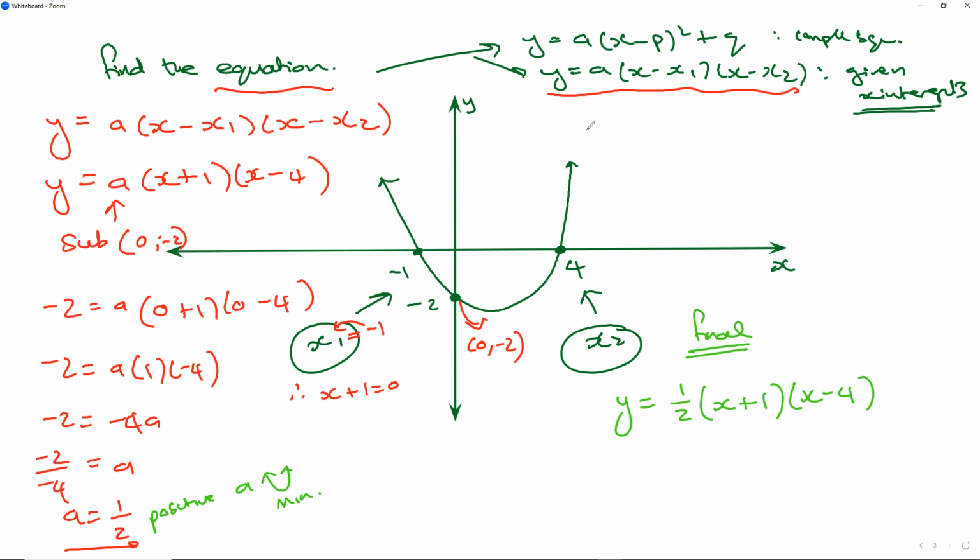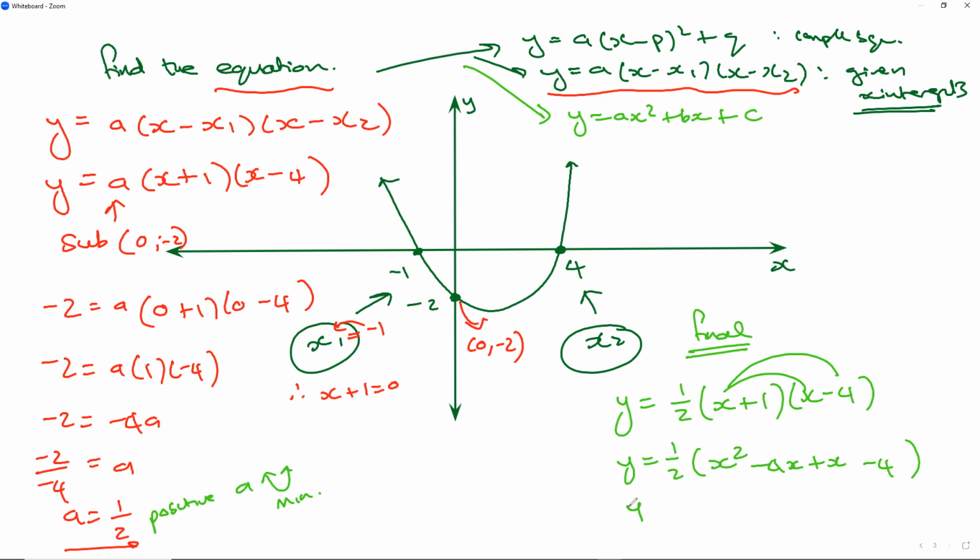I can multiply this out and get it into standard form, ax squared plus bx plus c, if I need to. So that would mean keep the half aside. First, multiply the bracket out using FOIL. So x times x would get you x squared, minus 4x plus x, minus 4. And that would become a half x squared.